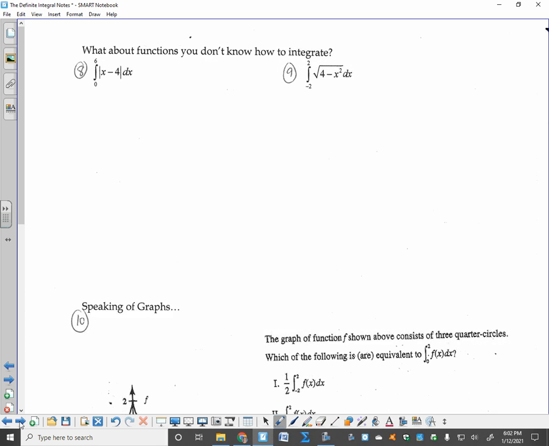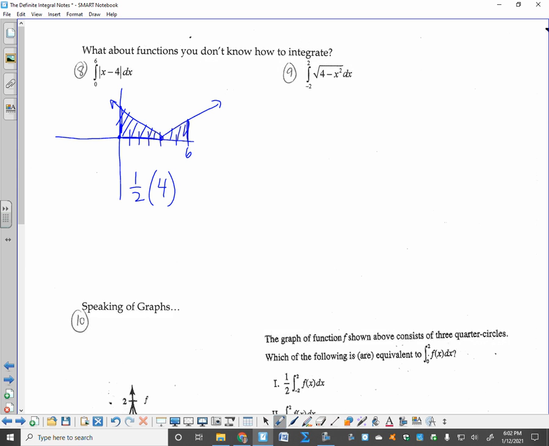So for this one, I'm going to think about the graph. Absolute value shifted right 4. And I'm going from 0 to 6. So I want all this area. So 1/2 base, that's a 4.